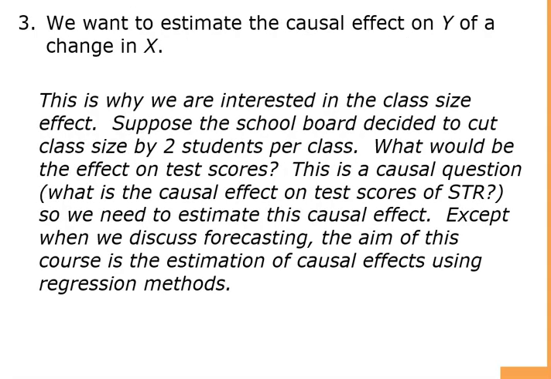Now the third and the most interesting way of looking at the regression analysis is that we want to estimate the causal effect on y of a change in x. Now why is this important? It's simply because as policymakers, if you are looking at the relationship between student-teacher ratio and test scores, you want to design some sort of a policy around it.